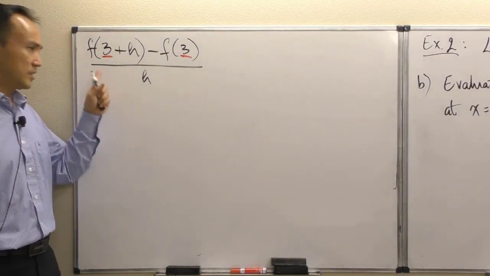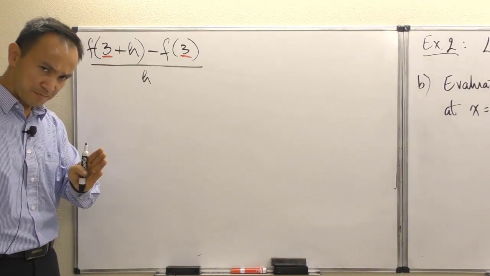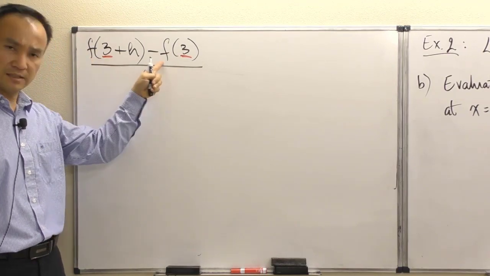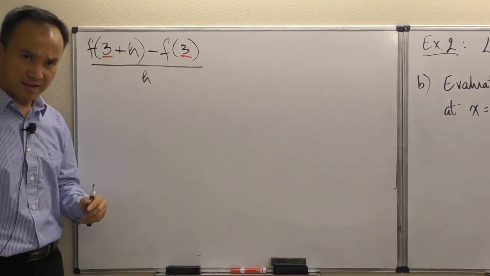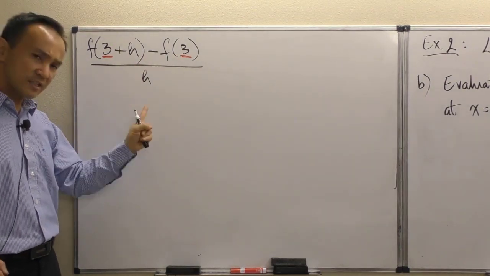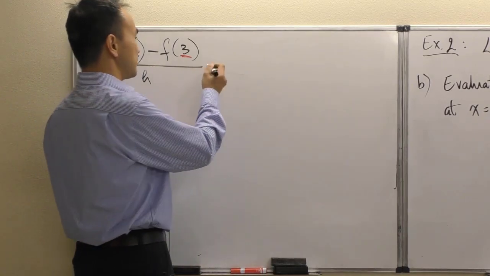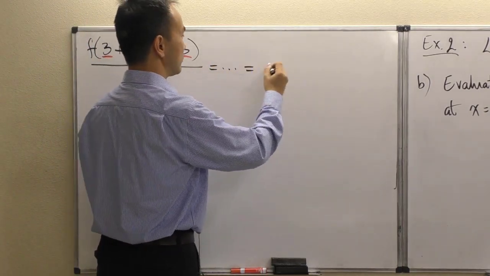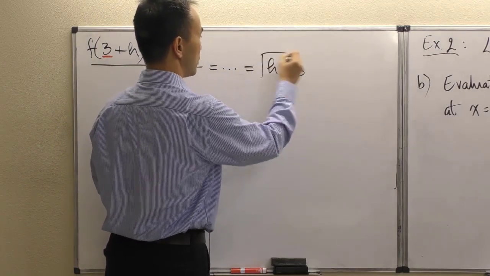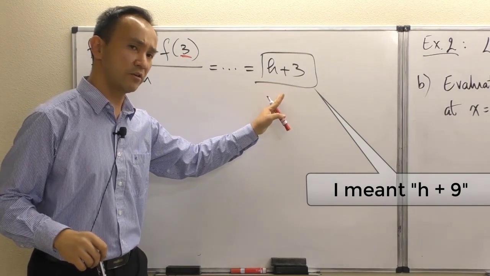And this whole setup is called the difference quotient of the function f of x at that given value x equals 3. And so we set it up, we evaluated it, and we simplified it down. We spent a lot of work, and we came down to h plus 3. So this was the ending result at the end of part A that we already completed.